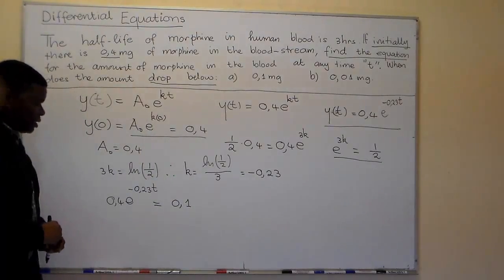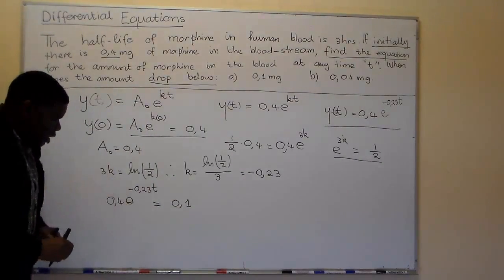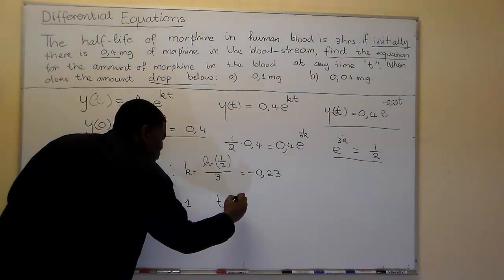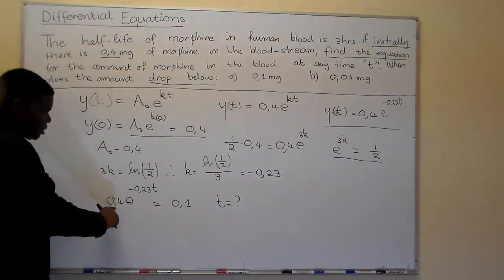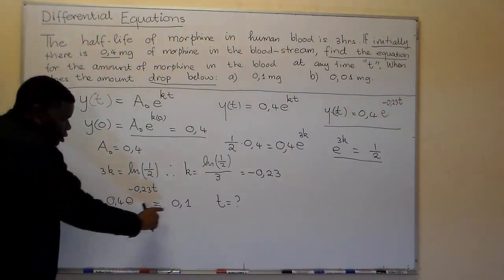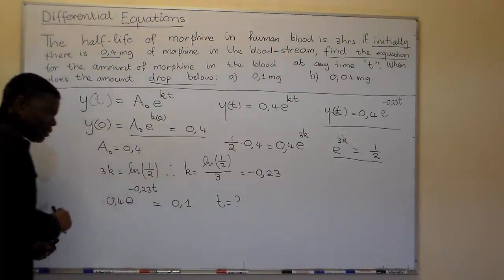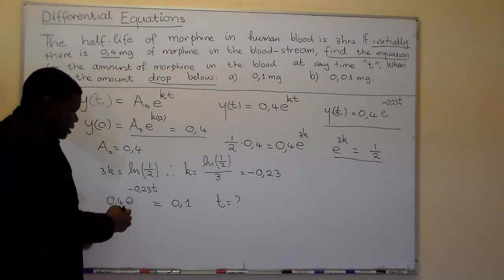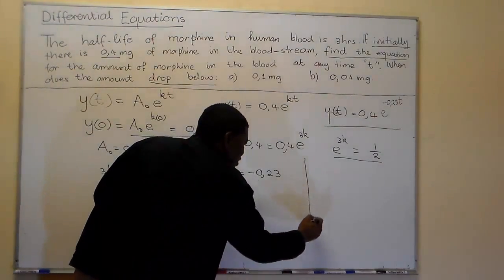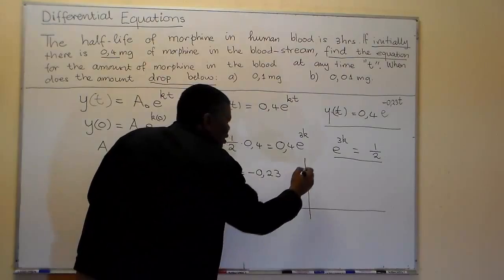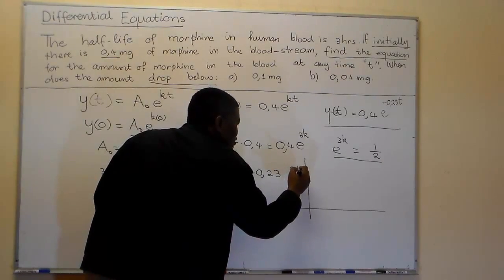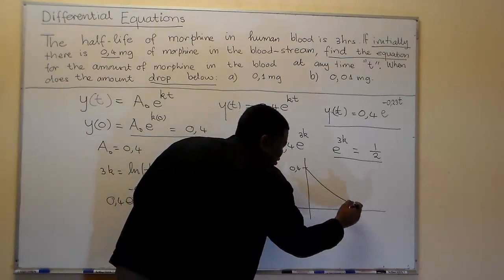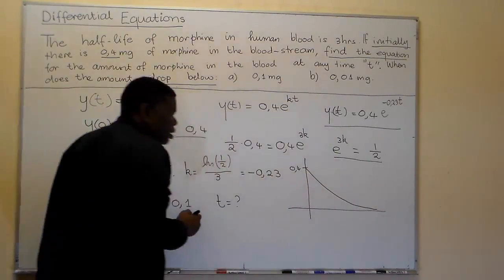0.1. So in this case, our unknown here is now the time t when this function will be at level 0.1. In other words, we can depict this by means of a picture. It was 0.4 somewhere there, so it's decreasing exponentially this way.